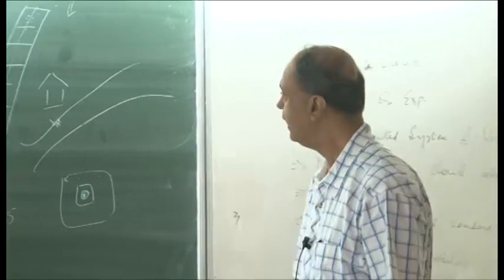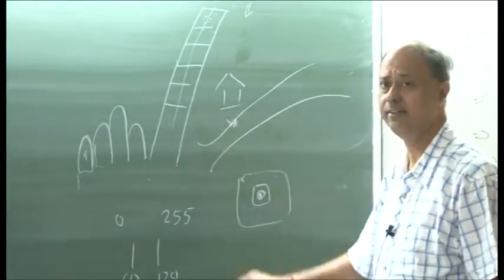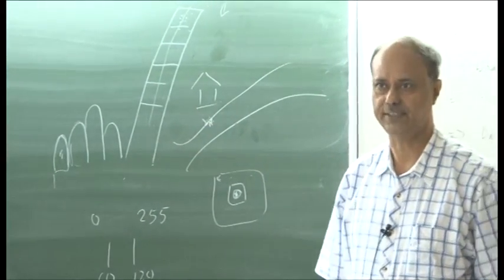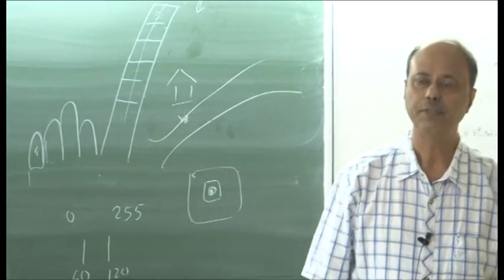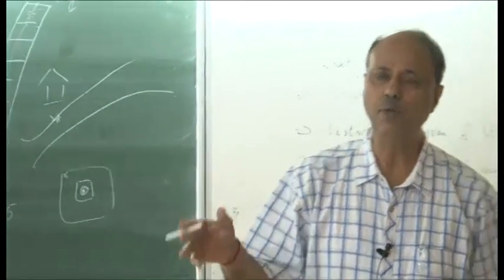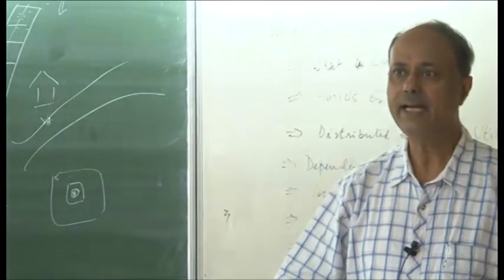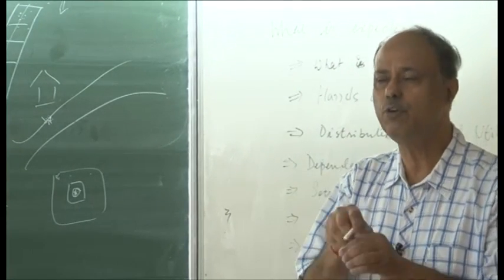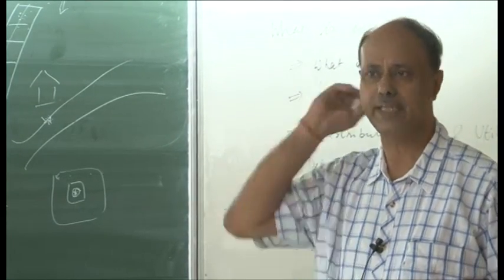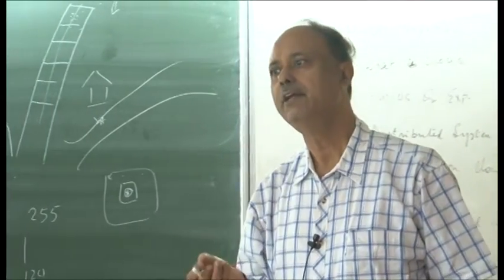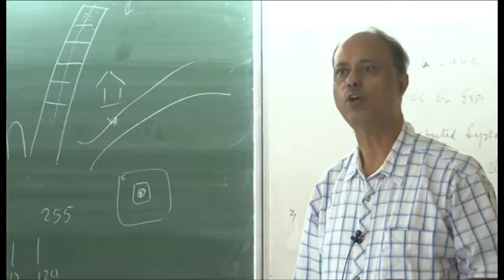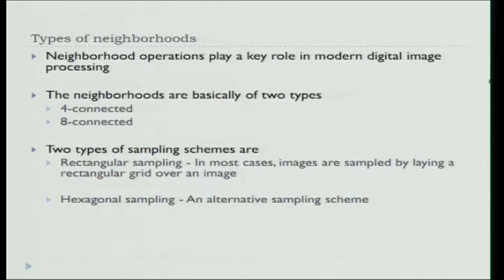Now if there is a sharp change here, you will not get the sharp change, because you have taken the help of the 4 neighbors or 8 neighbors to estimate the intensity. So there will not be a sharp change, there will be some smoothing. That is the only possibility of loss of some information, right? So this is 8-connected and 4-connected neighborhoods.